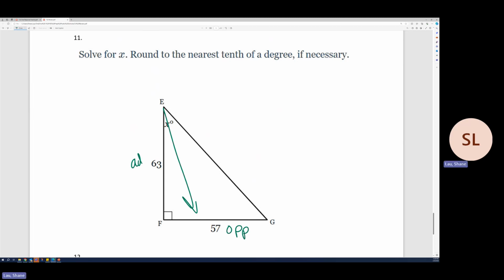And this side, of course, is going to be adjacent. This one is the hypotenuse. Because we only have opposite and adjacent, we must be using our tangent. So tangent of x equals opposite, which is 57, over adjacent, which is 63.